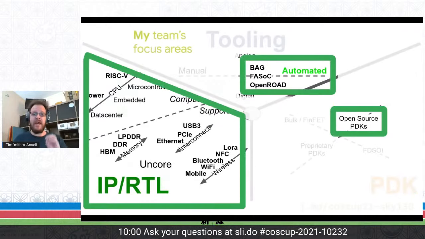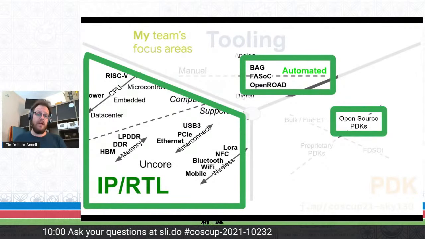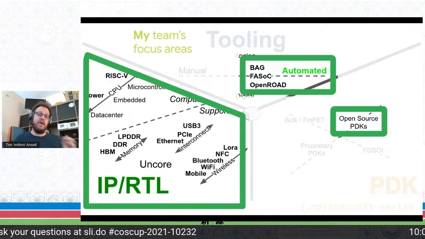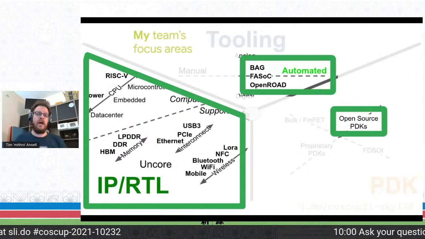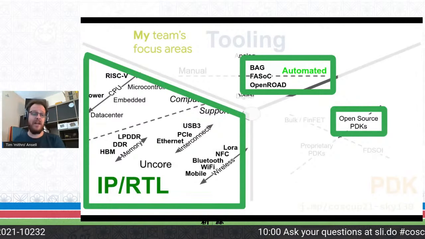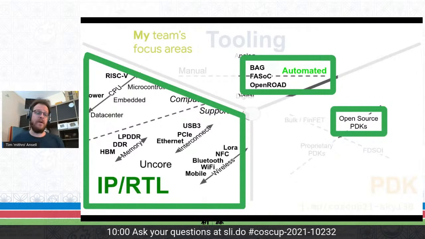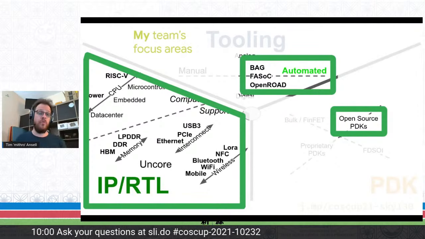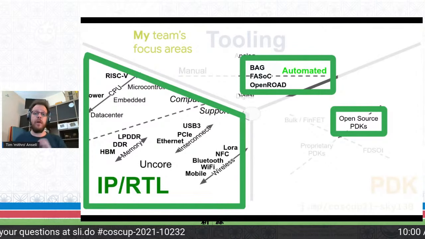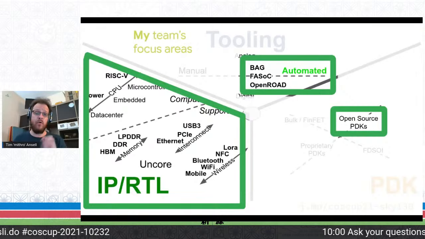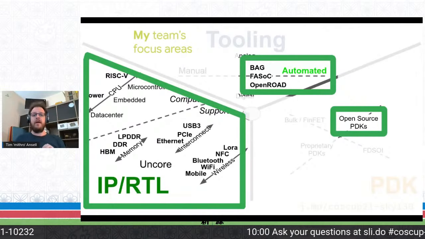And these are the areas that my group is really focused on. As I mentioned, we're really focused on ASICs that are in the hardware accelerator space, and we really want to enable new developers who previously wouldn't do hardware design. And so we're looking very strongly at things like automated tools.